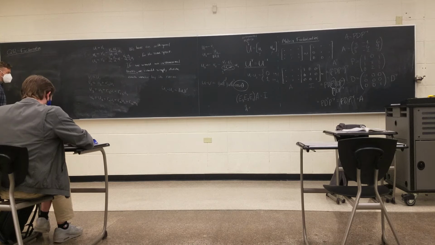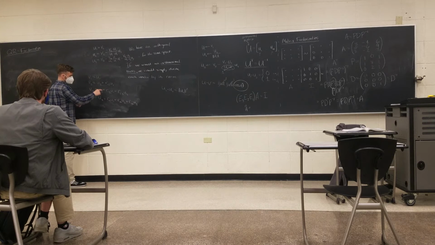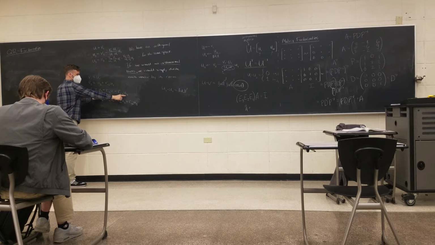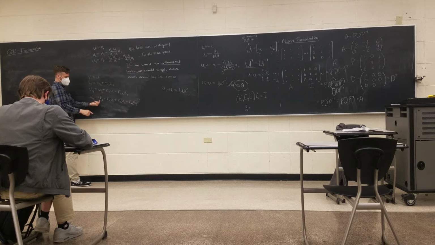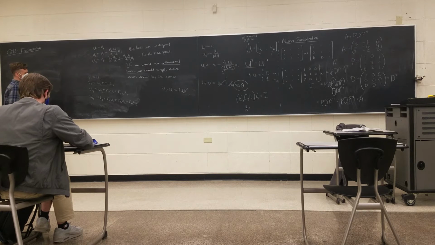Now there's nothing surprising about the fact that we can rewrite our original vectors as linear combinations. This is a linear combination of U1, this of U1 and U2, this of U1, U2, and U3, this of U1, U2, U3, U4, and so on. There's nothing surprising about that because we know that these are bases for the same space.